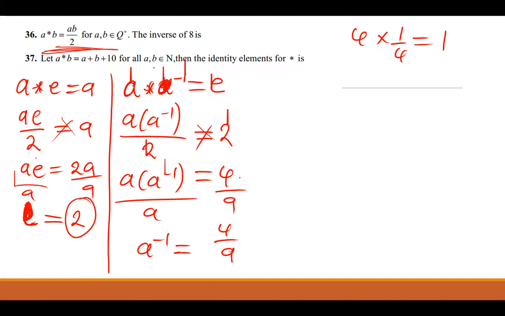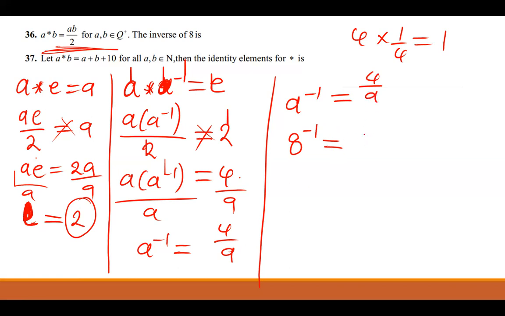Now to find the inverse of 8, we say 8 inverse is going to be equal to, because we know that the expression for A inverse is simply 4 over A. So 8 inverse is simply going to be 4 over 8, which can be simplified as 1 over 2.